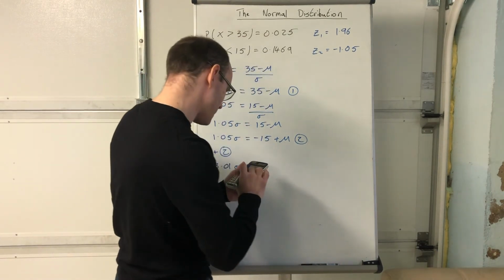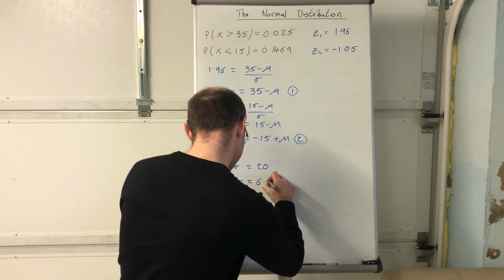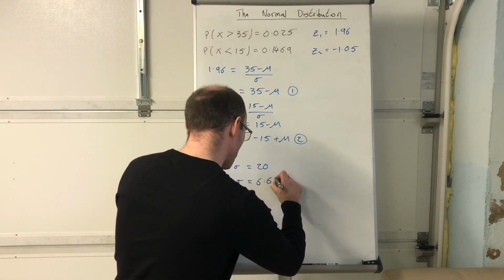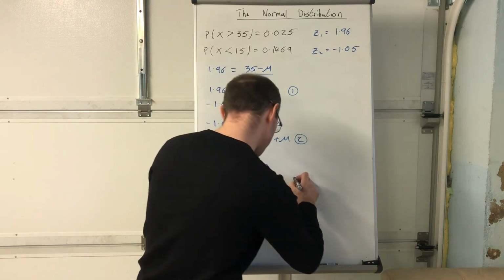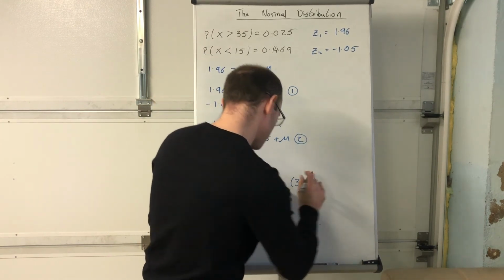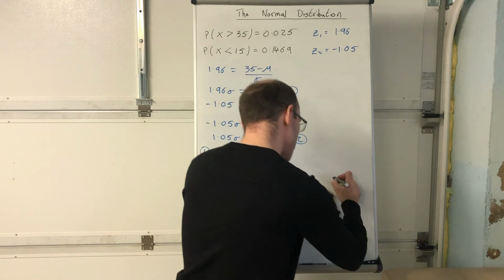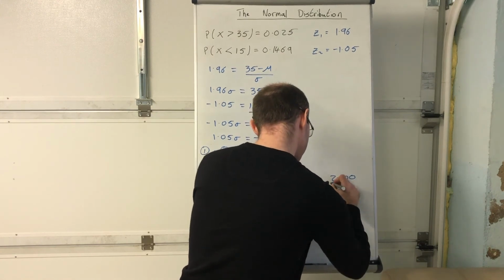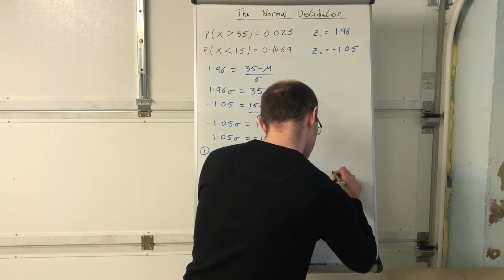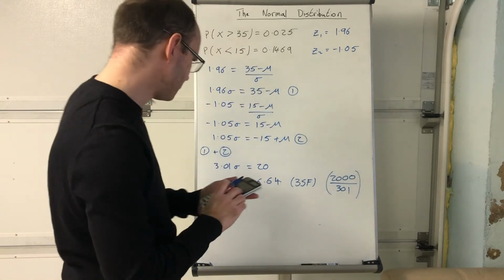Rounded, 6.64, say 3 significant figures. But I'm going to write down the exact value. The reason for this will become apparent soon. 2,000 over 301. Okay, that's the exact value.